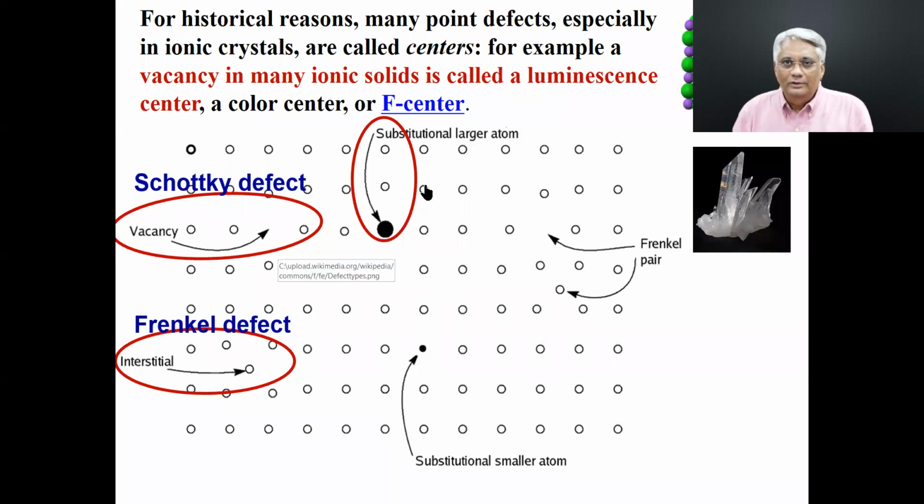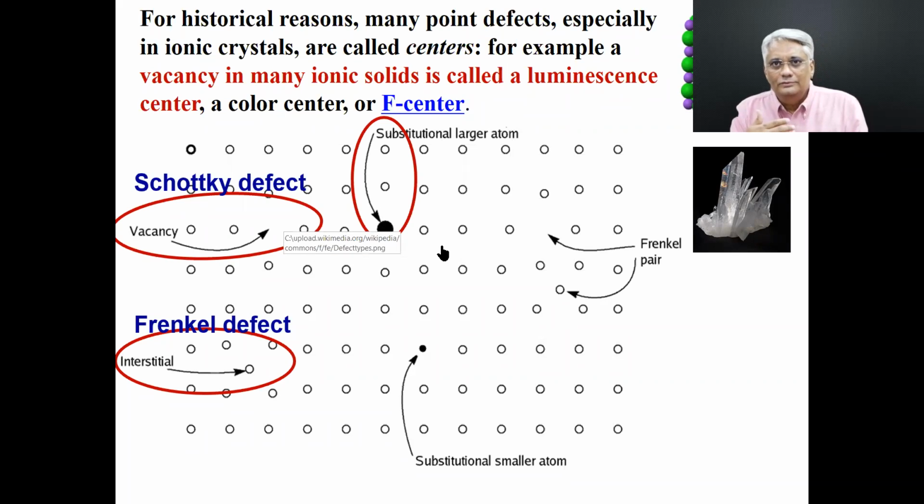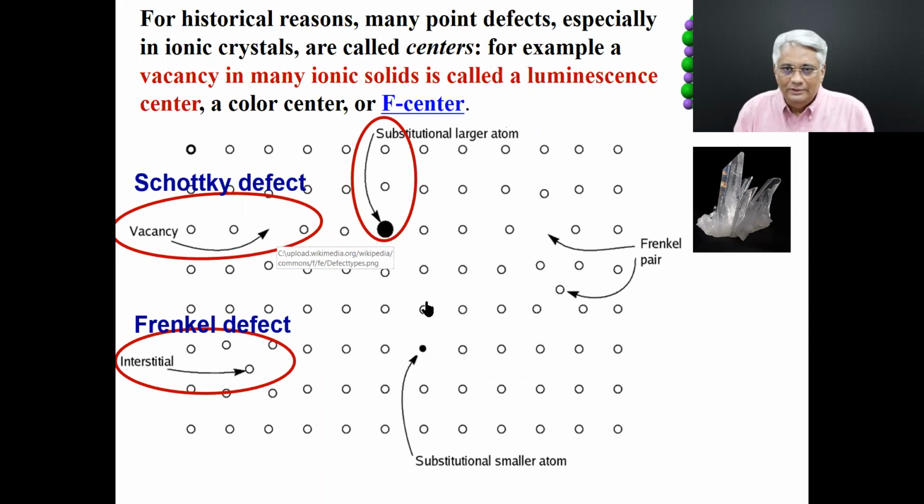And the other form of defects are the induced ones. So you put those defects inside the solid. These defects are called dopants. So we intentionally replace the atoms in a crystal by foreign elements or atoms.